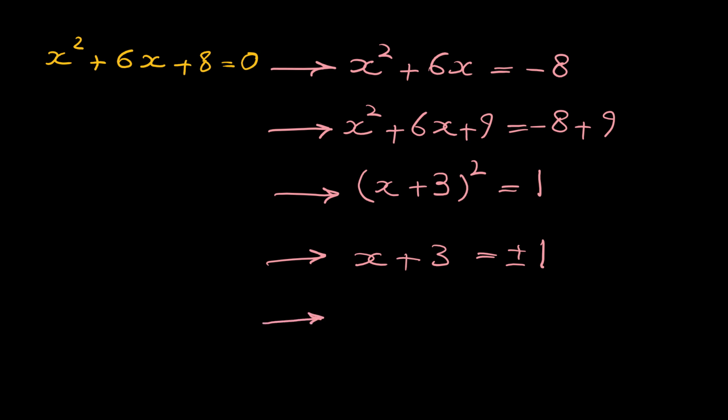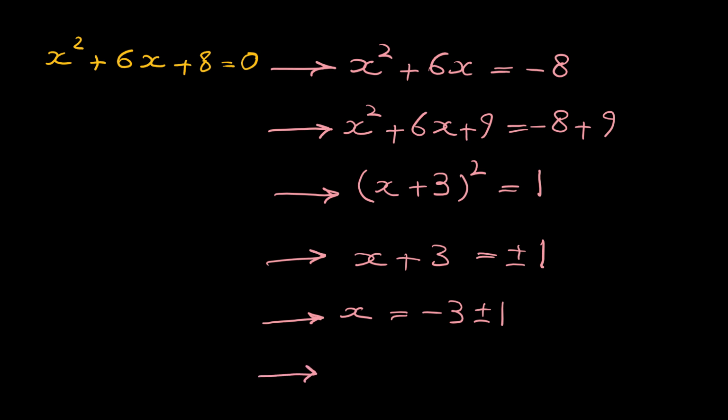If we move 3 to the other side, don't forget when you move a number to the other side, it becomes the opposite sign. We have plus 3 here, it goes to the other side, it becomes negative 3. Or in another way, you can say we subtract 3 from both sides of this equation. The result is the same. So finally, we have x equals negative 3 plus minus 1.